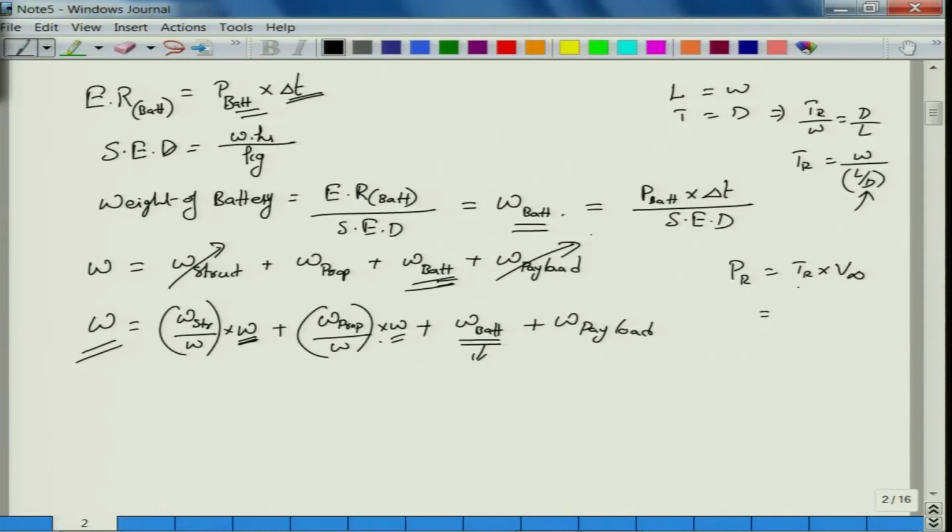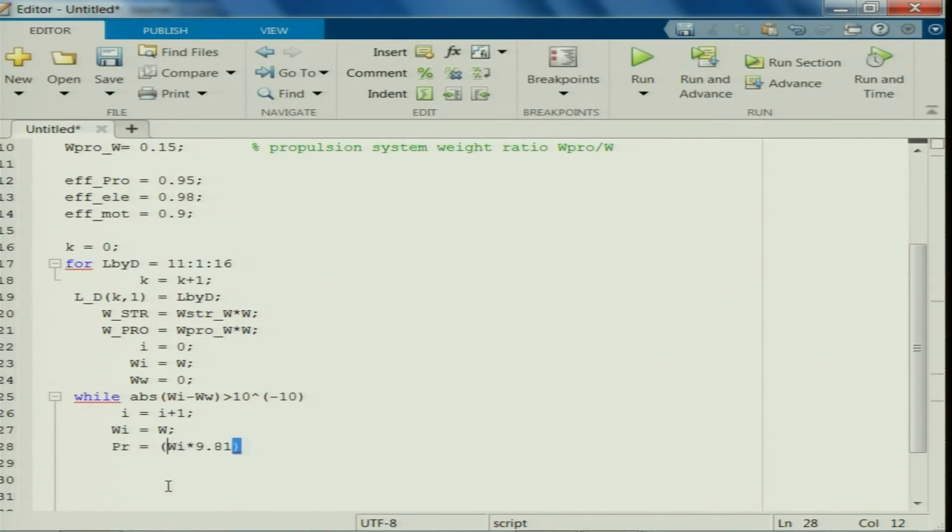So, W times V infinity, which is from the mission requirements, upon L by D is your power required here. So, I am not explicitly calculating each and every variable here, like thrust required and then power required, the way we performed earlier. Instead, I will just use this.